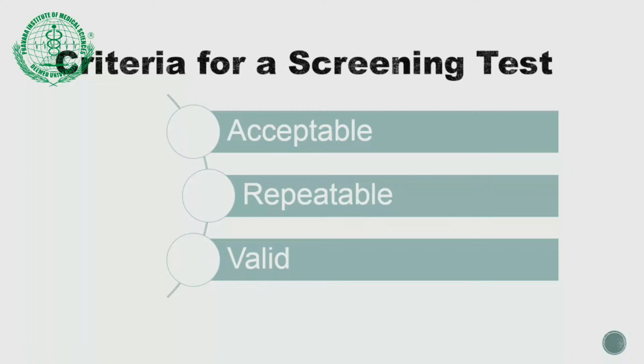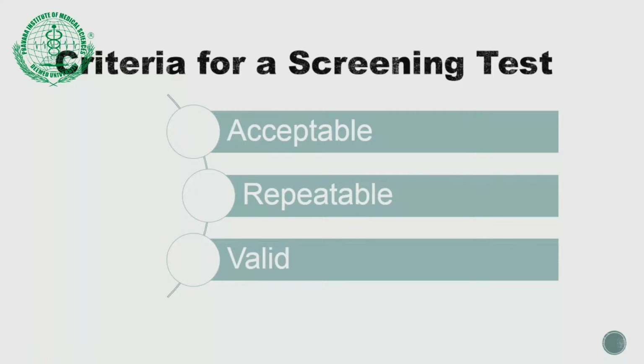If the people on whom these tests are done are uncomfortable or embarrassed due to these tests, or these tests are painful, then they are not likely to be acceptable. The second important attribute is that they should be repeatable. So ideally the test should give the same results no matter how many times you do the test on the same individual.